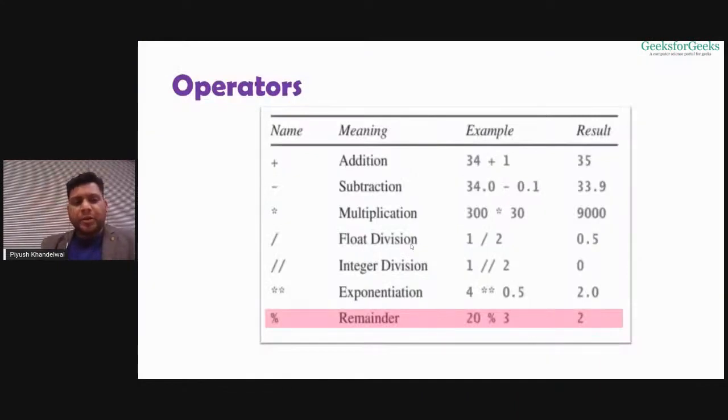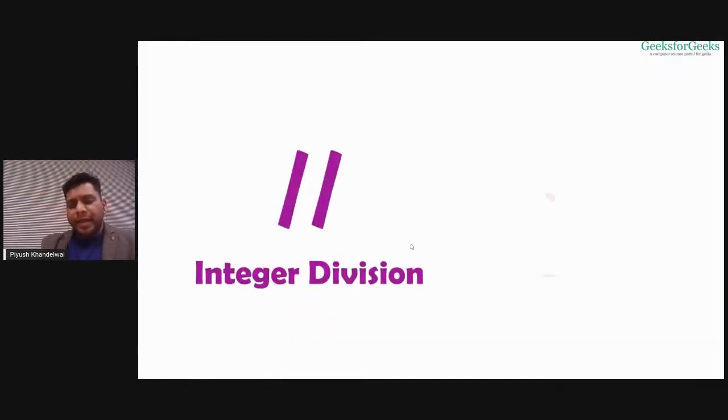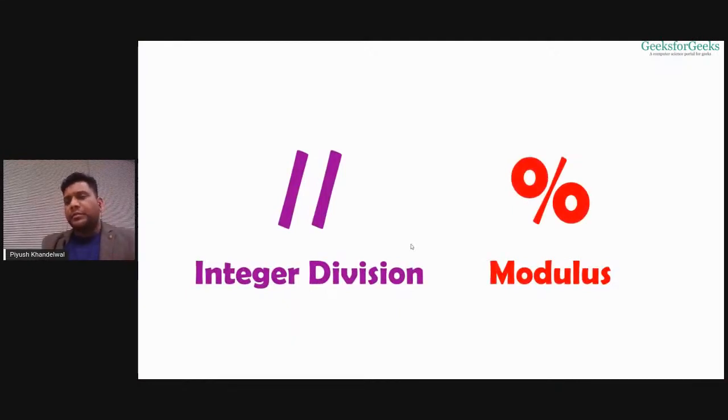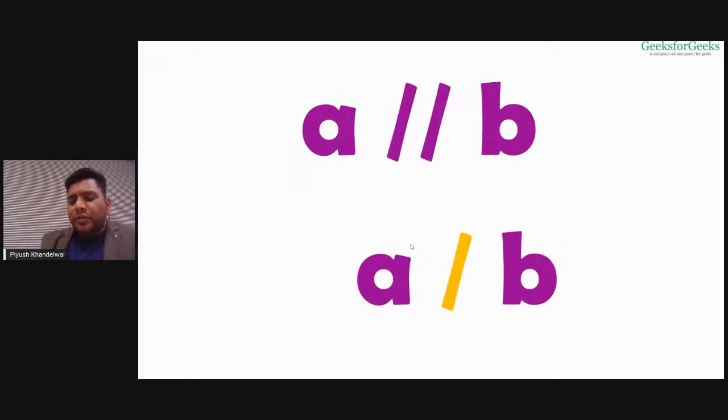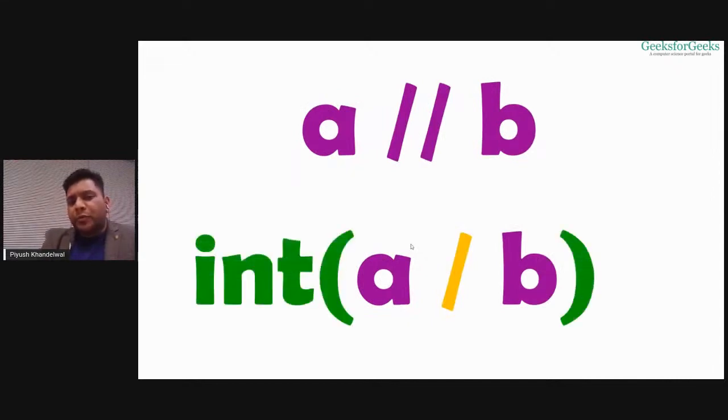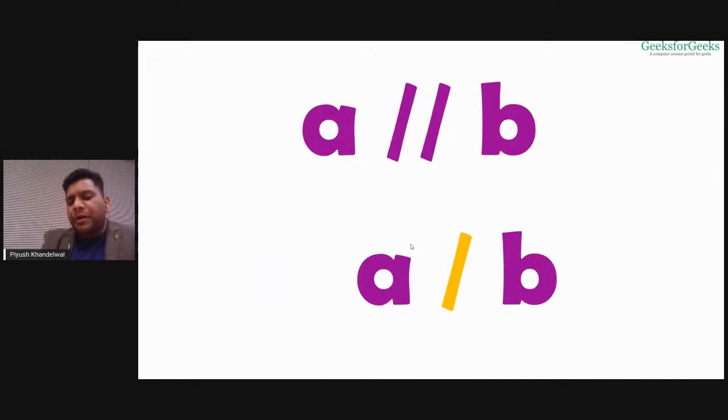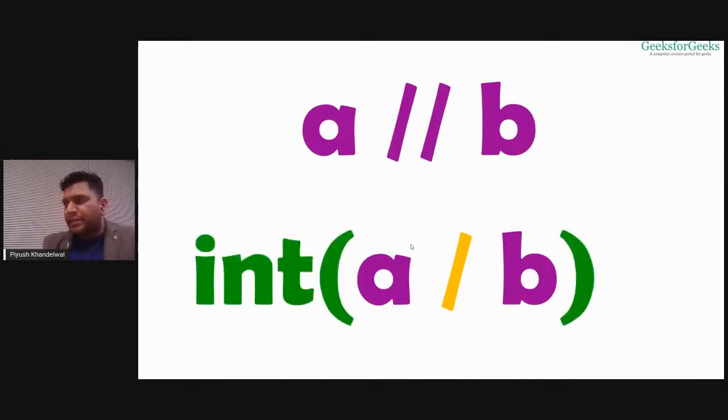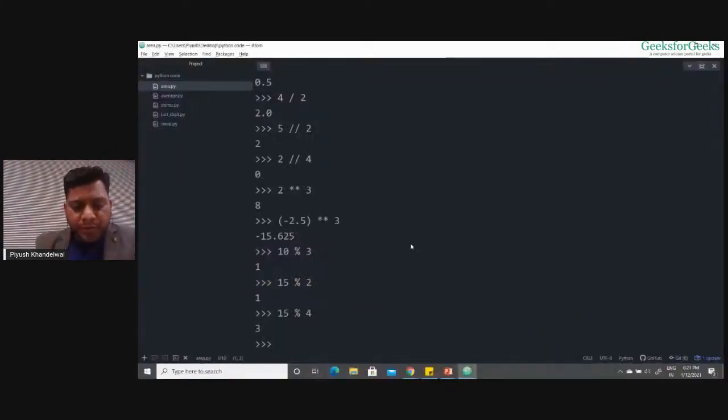So this was about the remainder operator. Now we know that there is addition, subtraction, multiplication and division. But two new operators are there, integer division and the modulus operator. Now I'll show you that these operators can be achieved with other tools. If I'm doing integer division, I can simply perform the float division and use the int function, which is provided by Python. It will give me the same result. Let me show you. Suppose I want to see 10 integer division by 3.